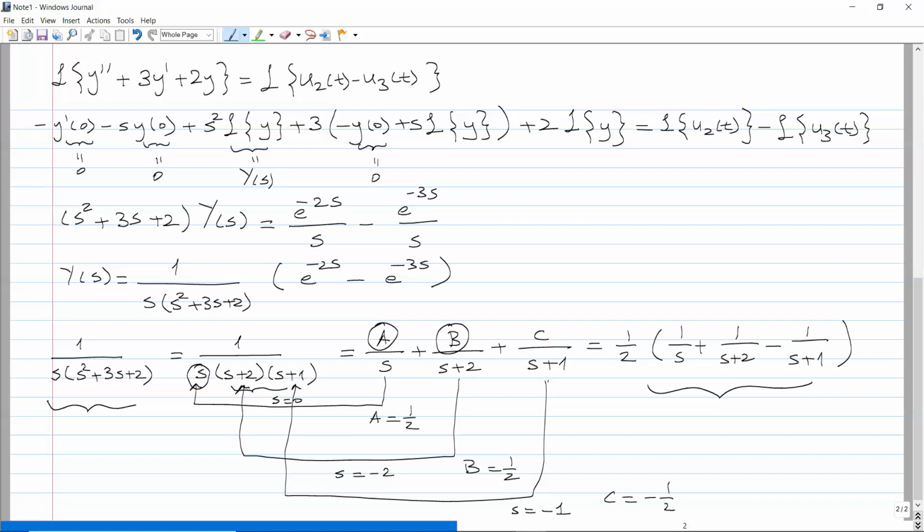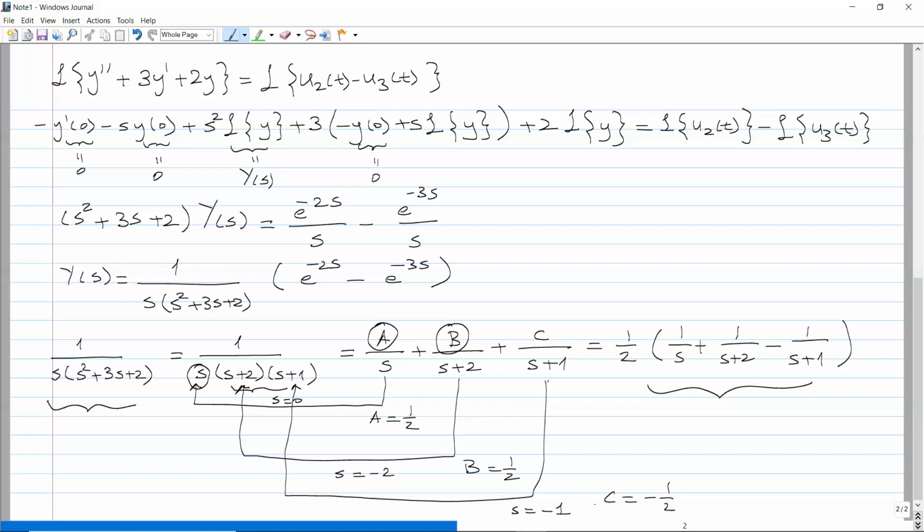Why isn't it 1 over s? Okay, let's see what I did wrong with s plus 2. Yeah, that's right, with C. I made a mistake with C.